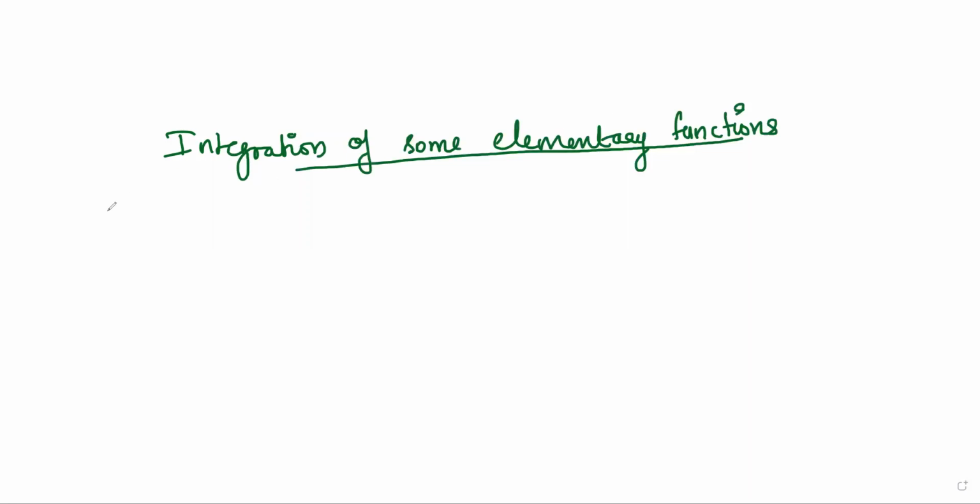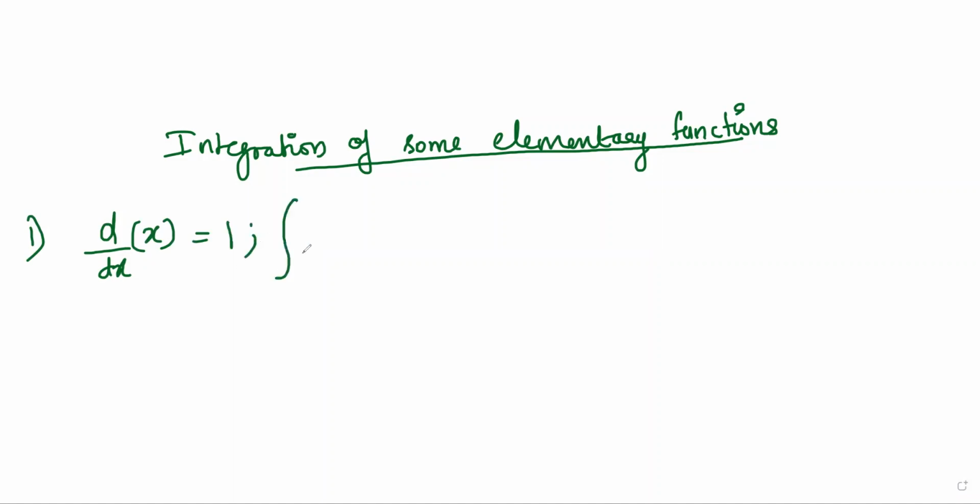So first I'm writing differentiation, then I'll compare that with integration. Listen, what is d by dx of x? Derivative of x with respect to x. Yes, it is 1, isn't it?